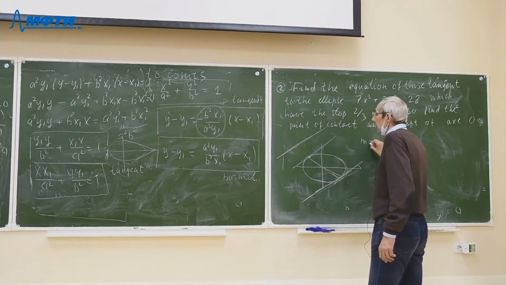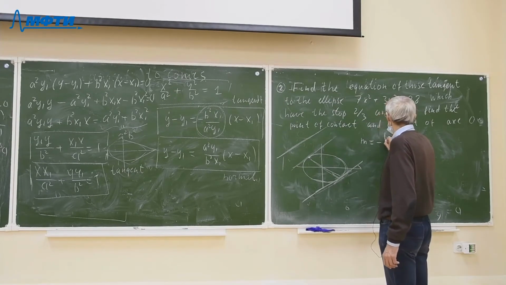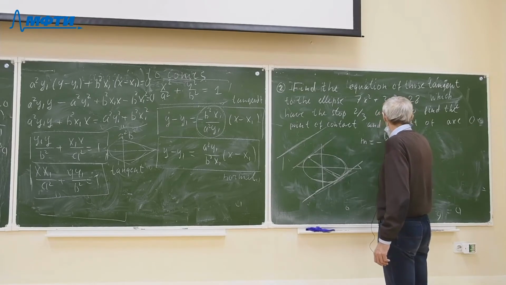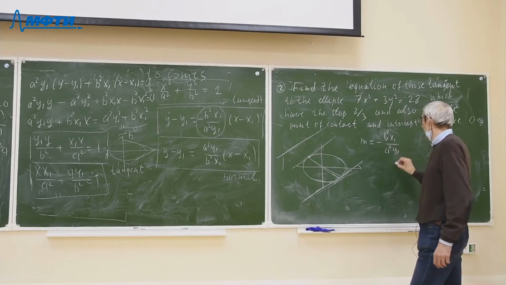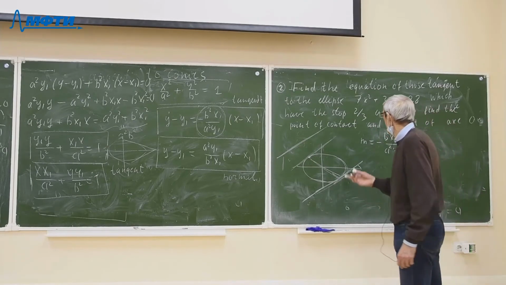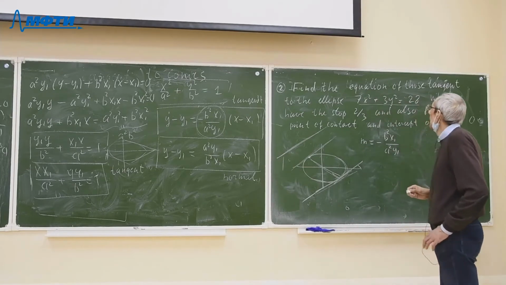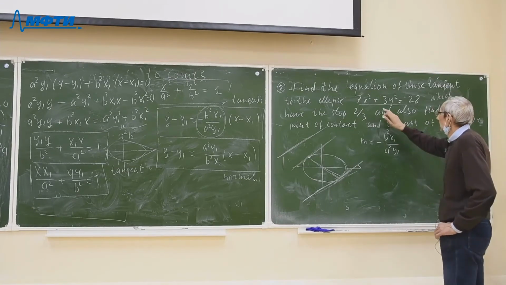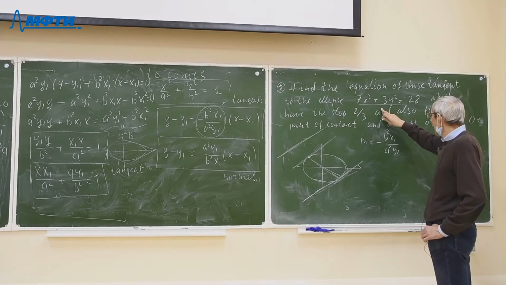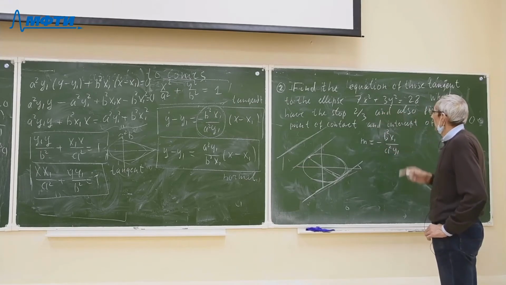Slope m is equal to minus b square x1 divided by a square y1. And this equation says us what the values of a and b are in this equation.